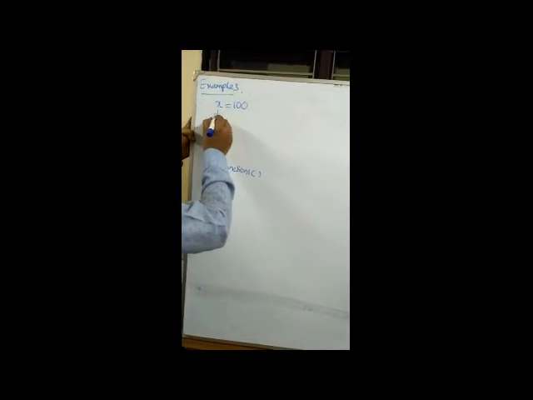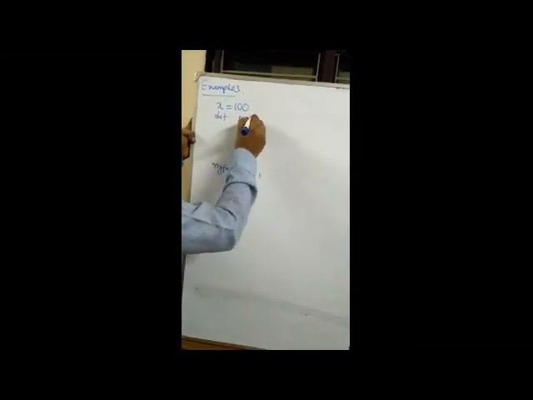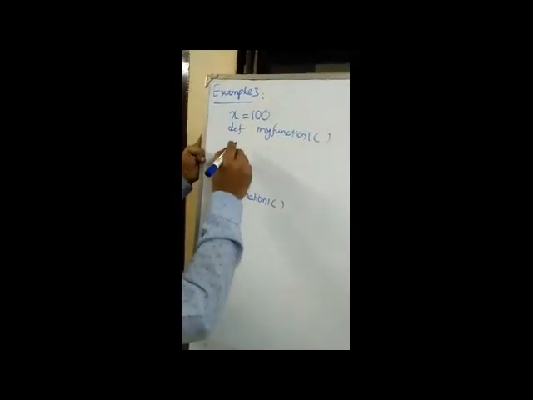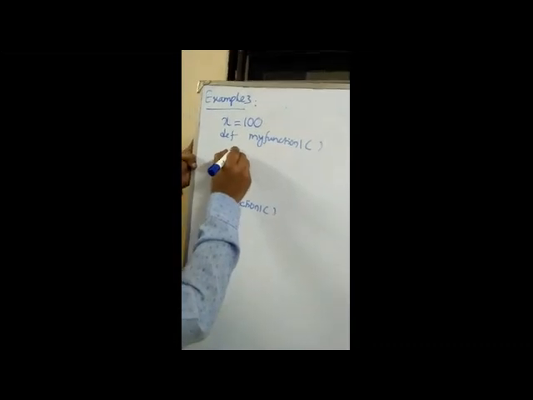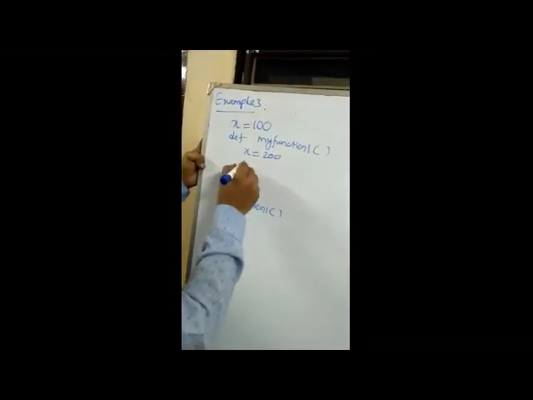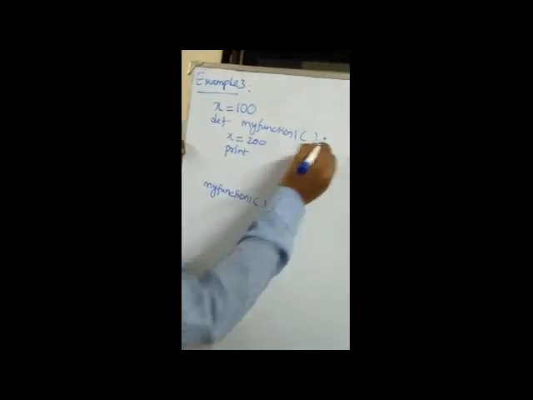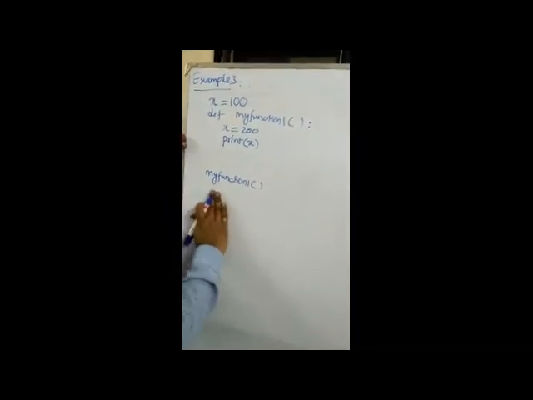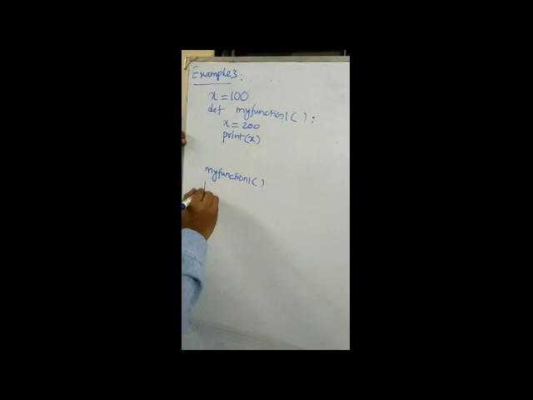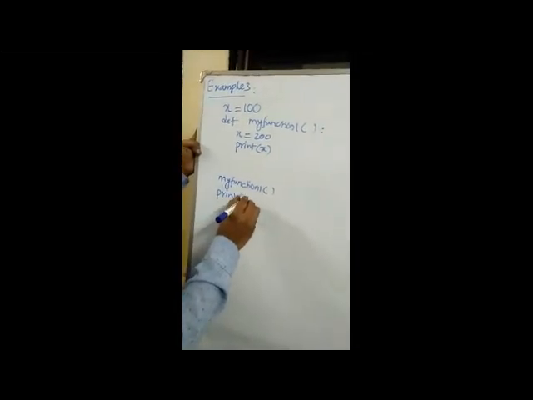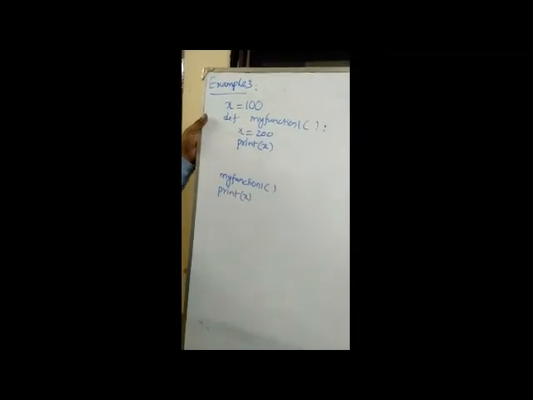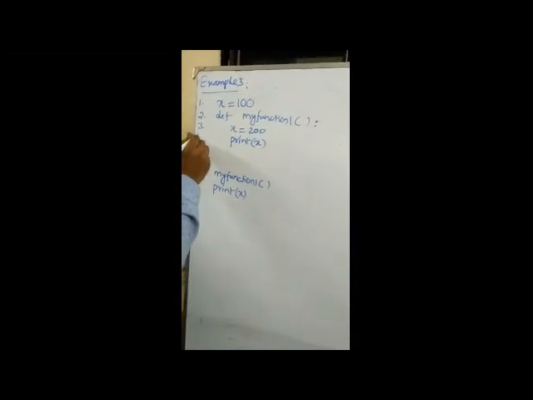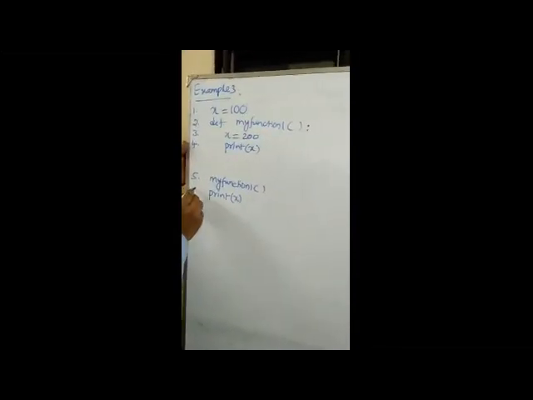Then def my function 1, inside it x is equal to 200, and print of x. Then outside, print of x.